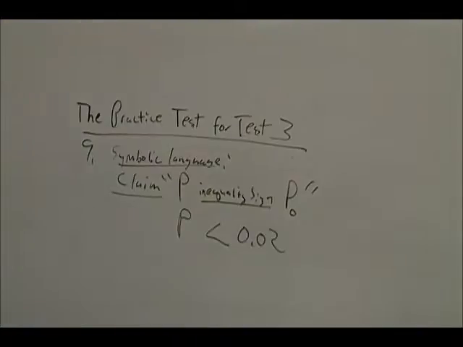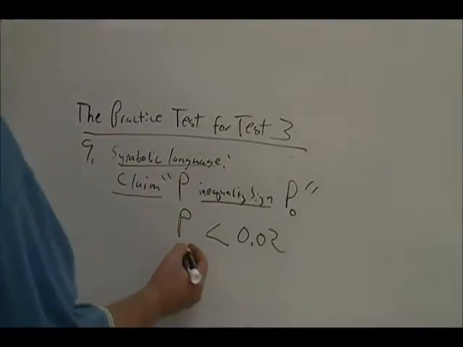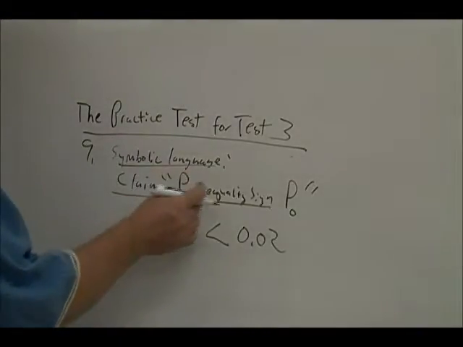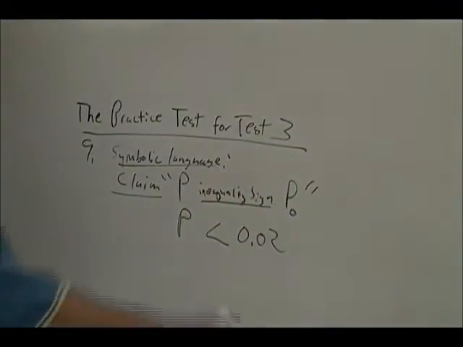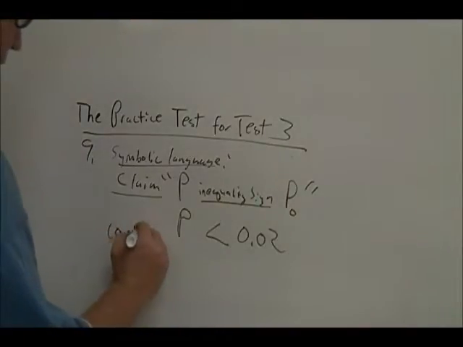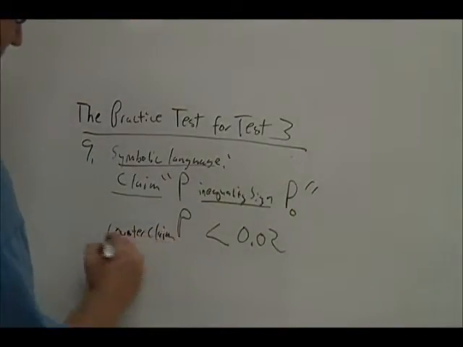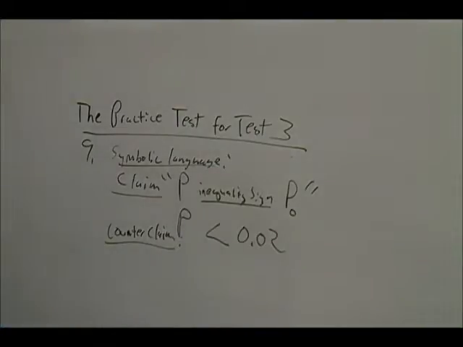Okay, so the next thing you do after you get the claim translated into symbolic language as P inequality sign P naught, where P naught is some number between 0 and 1, you now want to also write the counterclaim, which is like the complementary claim, also in symbolic language.